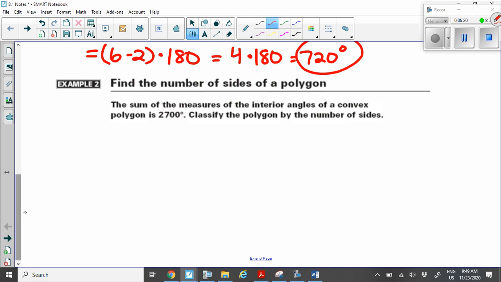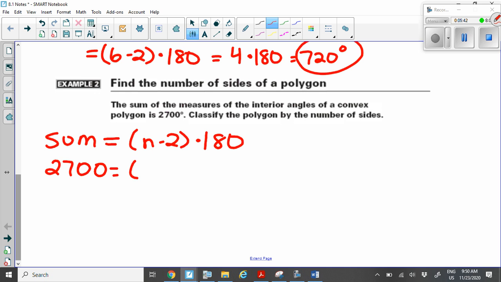The sum of the measures of the interior angles of a convex polygon is 2,700 degrees. We need to classify the polygon by the number of sides. So we use the formula: the sum of the interior angles equals n minus 2 times 180. We know the sum is 2,700, so we are trying to find the value of n.